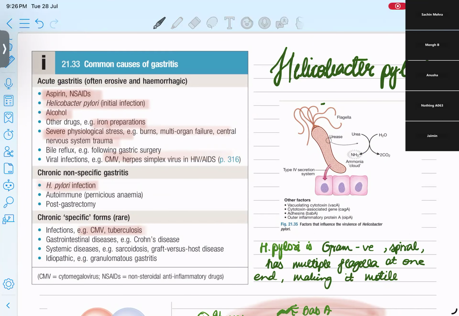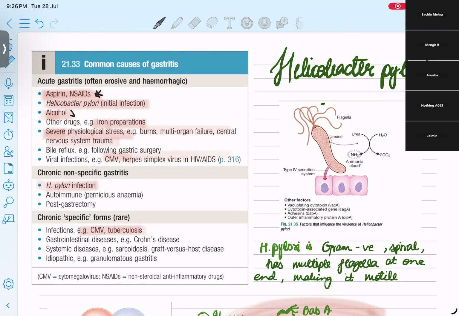Acute gastritis: aspirin and NSAIDs are a very important cause. Helicobacter pylori, though I mentioned it in the chronic, in the initial infection the patient can present with different symptomatology, which we will be seeing ahead, quite different from other GI symptoms.